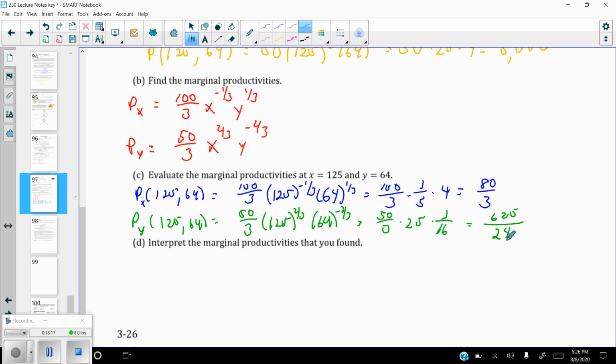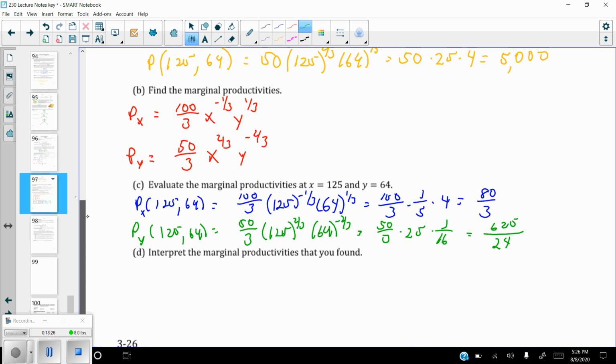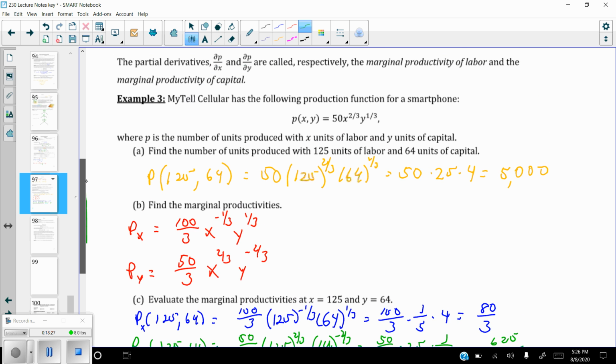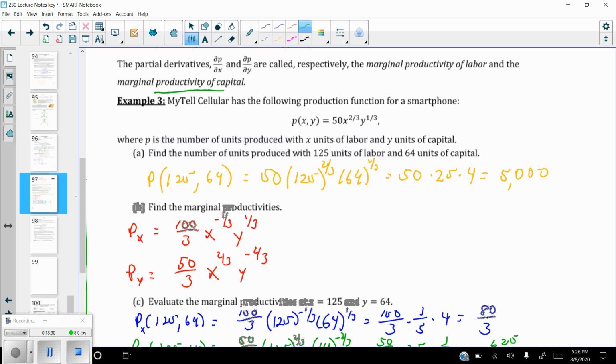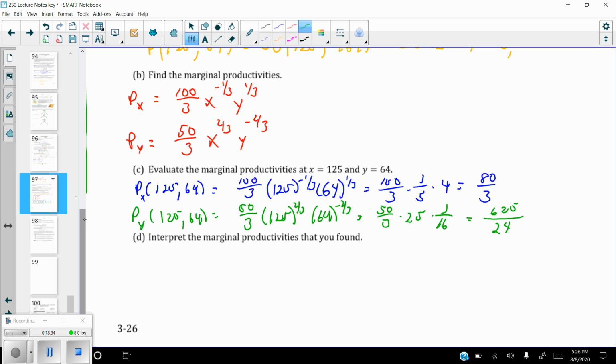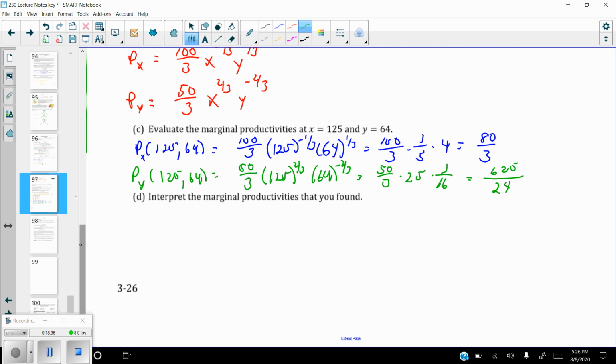All right, now interpret what those marginals actually mean. Basically what that's saying is, the first one, the P sub x, means if we were to hold the production of the capital constant, the rate of change would be 80 thirds.